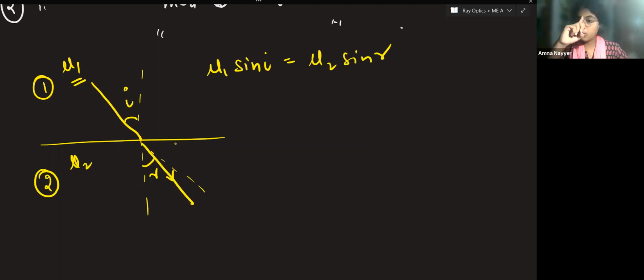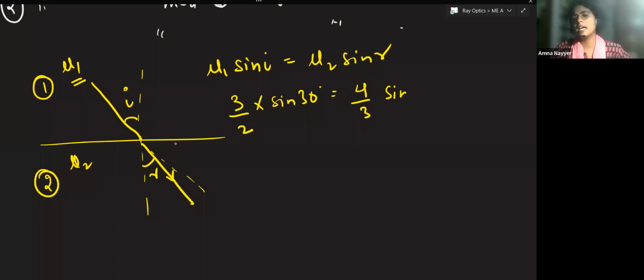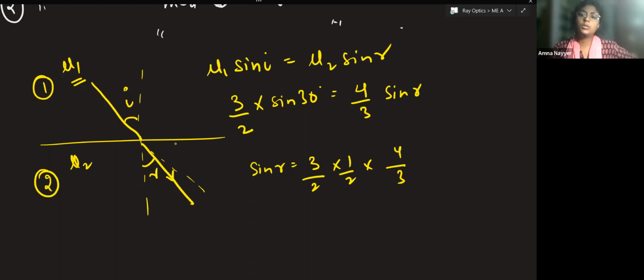Understood? Second part you all will do, so pay attention in the first part. Now mu1 is given as 3 by 2. Sine i, angle of incidence, is also mentioned to us as 30 degrees. Mu2 is given as 4 by 3, and sine r is unknown. So this sine r will simply be 3 by 2 into half into 3 by 4.